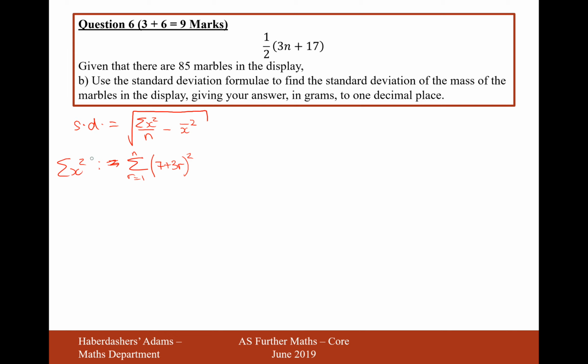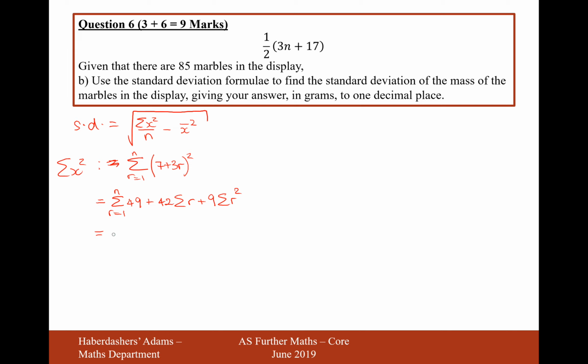So we're doing the sum of x squared at the moment. So this is going to be equal to the sum of r equals 1 up to n of 49 plus 42 sum of r plus 9 sum of r squared.